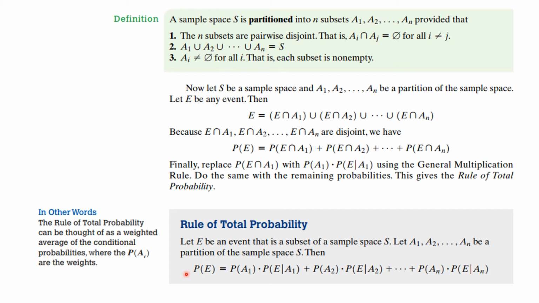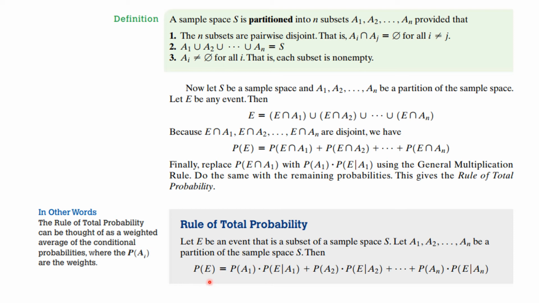So we summarize this discussion and this definition with the rules of total probability. So suppose you have E as an event and a subset of a sample space S, and let these be a partition, a disjoint breaking up of the sample space.